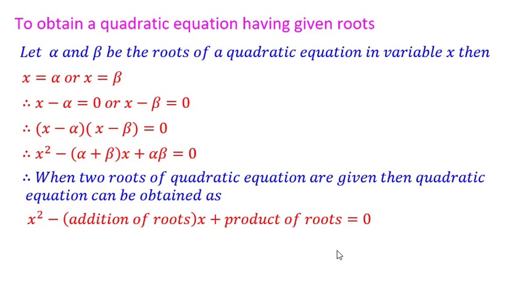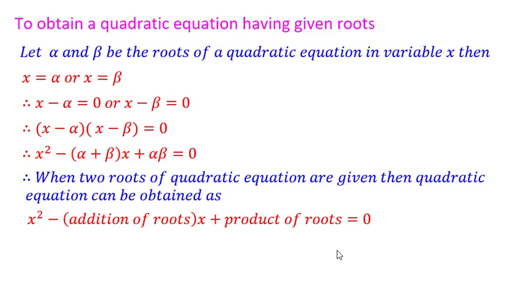So two things we have learned in this class. One is that if a quadratic equation ax square plus bx plus c equal to 0 is given, then we can find the relationship between roots and coefficients. So alpha plus beta equal to minus b upon a, this is one we have got, and second, alpha into beta is equal to c upon a, where a is coefficient of x square, b is coefficient of x, and c is the constant term.